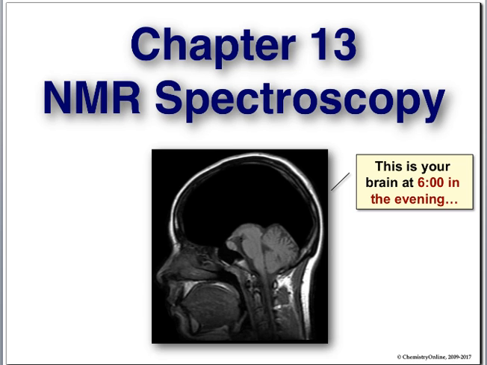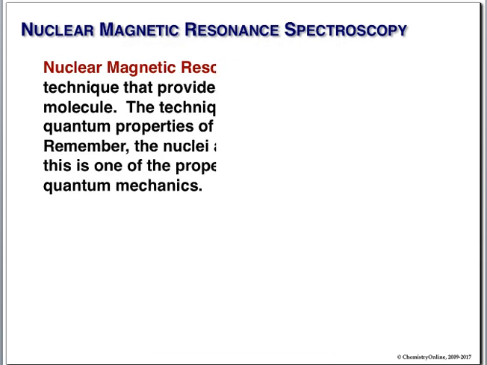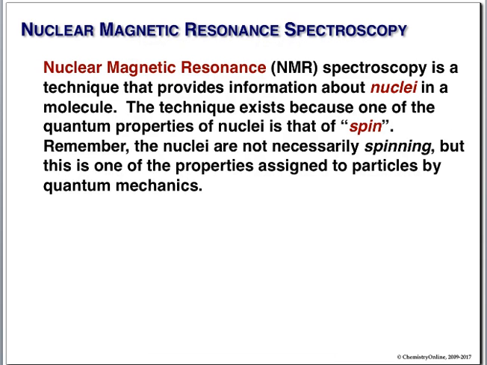All right, NMR, nuclear magnetic resonance. Nuclear magnetic resonance is a form of spectroscopy that measures the property of certain nuclei. When you look at the quantum description of a nucleus, one of the properties it can have is called spin.